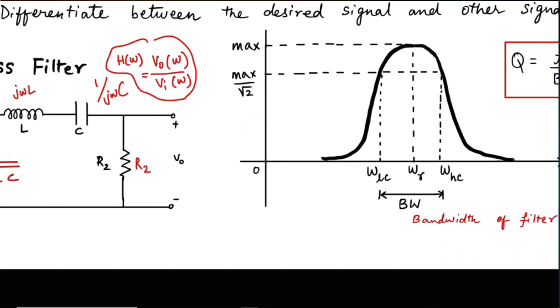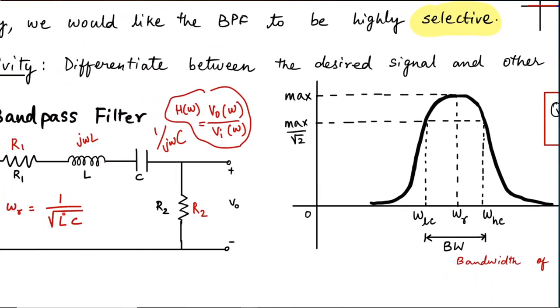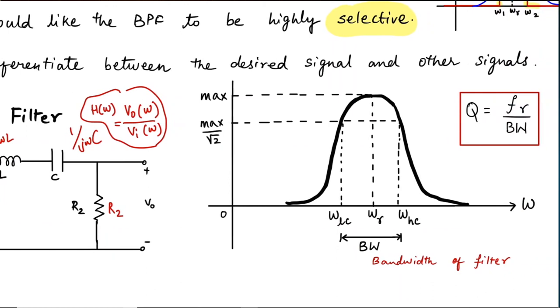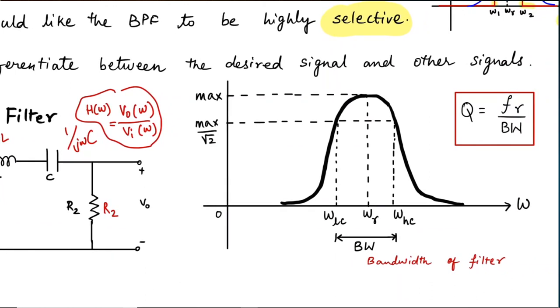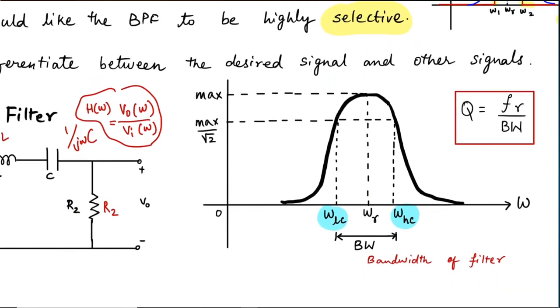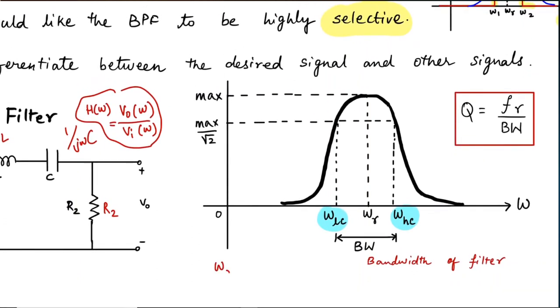And you should get that equal to 1 over square root LC, but it is also dependent on the lower cutoff and higher cutoff. So it's actually the geometric mean of the lower cutoff and the higher cutoff. So I can say omega_R, which is my resonant frequency of the bandpass filter, can be written as square root of omega_LC multiplied by omega_HC, geometric mean.